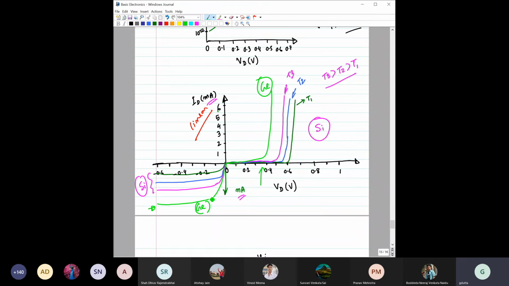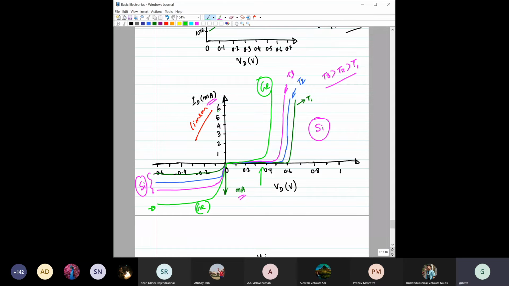So we want this current to be as low as possible. With increase in temperature, this current will further increase. That is one of the reasons why the first semiconductor was germanium, but later it was found that the germanium p-n junction becomes so leaky with increase in temperature that it is almost not of any good use.